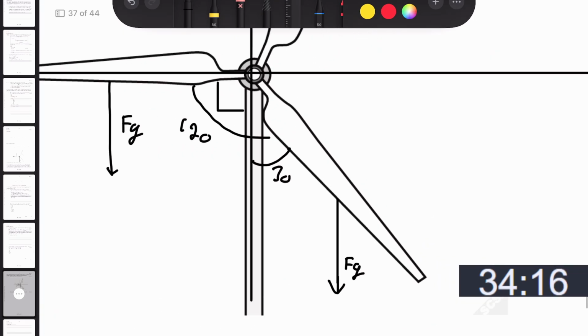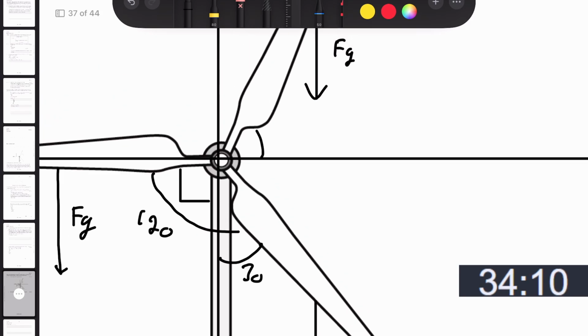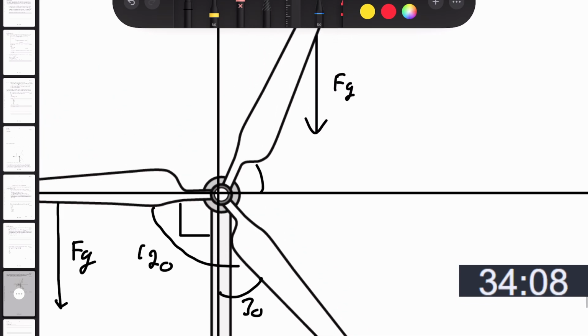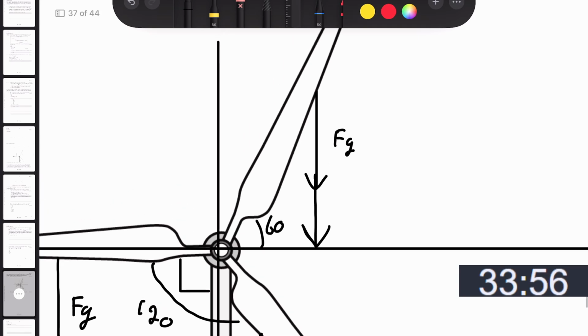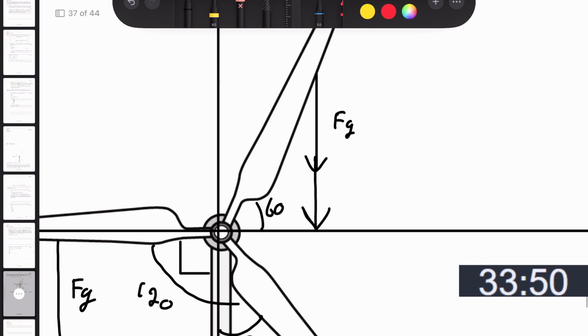So the perpendicular radius of all of these is going to be the same, but here and here, because that's going to be 90. No, this is going to be 60. Perpendicular force there. It's going to be 30.